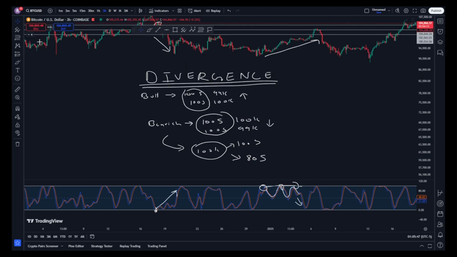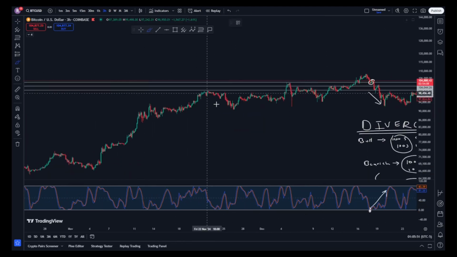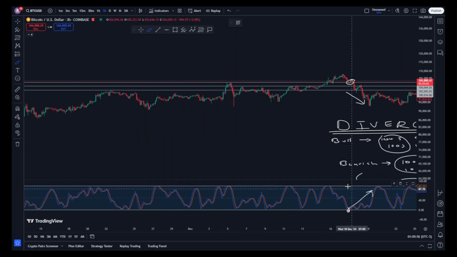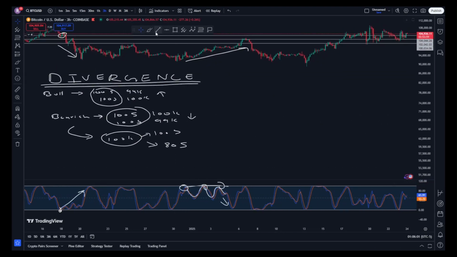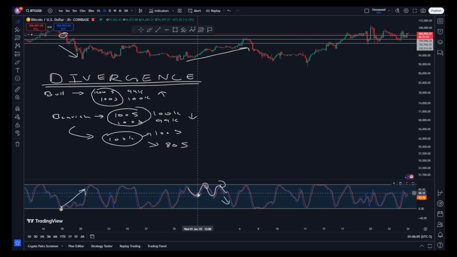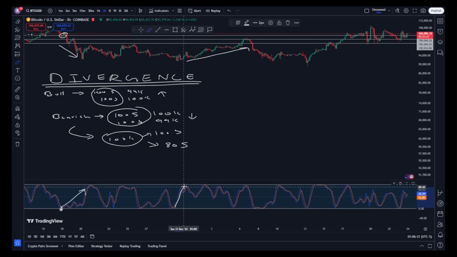Now, the next thing I want to talk about is waves. So, a wave in stochastics is when something like this occurs. Let's go back to our example we used over here. You can see right here, if I just erase these lines, that the stochastic went to 100, went down, and around the halfway point, pushed back up, and did the same thing again.